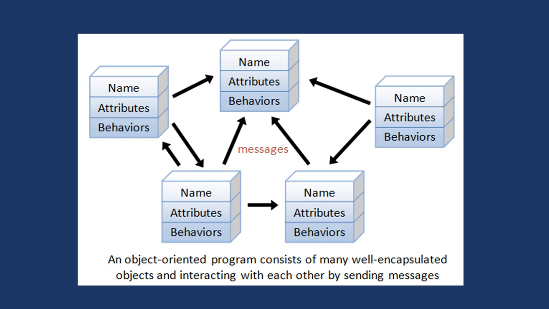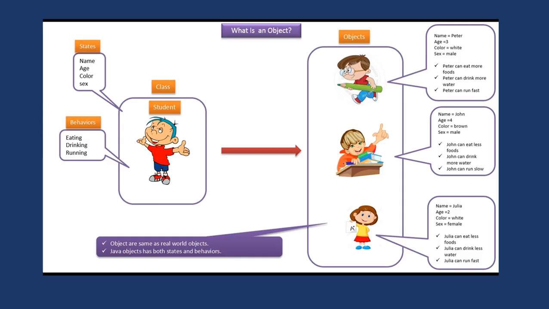So you see, these variables all have name, age, color, and sex. Again, there are three behaviors, and one is eating. Peter can eat more food, John can eat less food, Julie can eat less food. So here you see the way they behave differs from each other in eating.